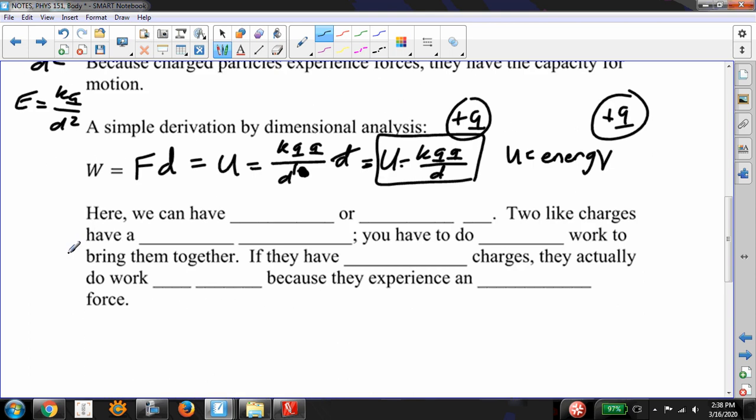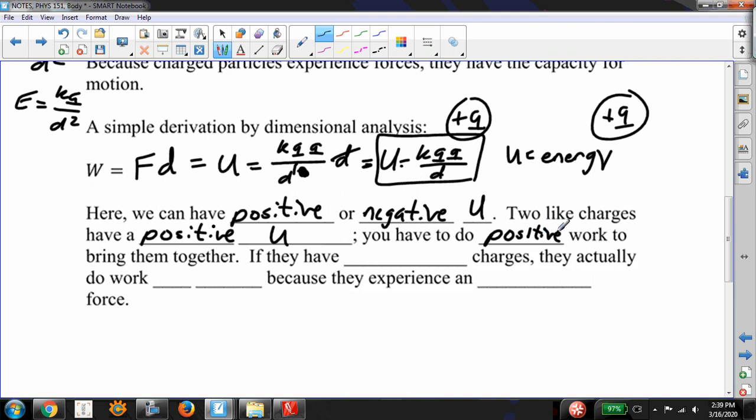So here we can have positive or negative potential energy. Two like charges, for example, have a positive work or a positive energy. You have to do positive work to bring them together. Because if I'm bringing two positively charged objects together, I have to push on them because they want to repel one another.